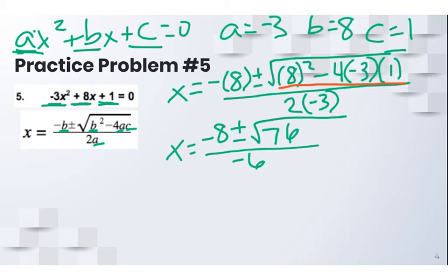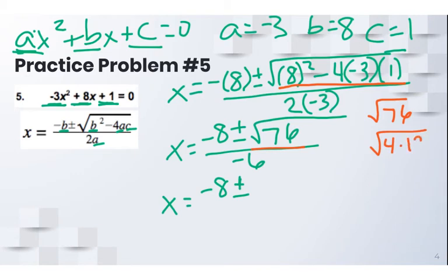So I'm trying to see if this has a perfect square factor in it, and it does, so we could simplify it. All right, so let's see. So x equals negative 8 plus or minus, and let me just show you over here. If I take the square root of 76, that can be written as the square root of 4 times 19.